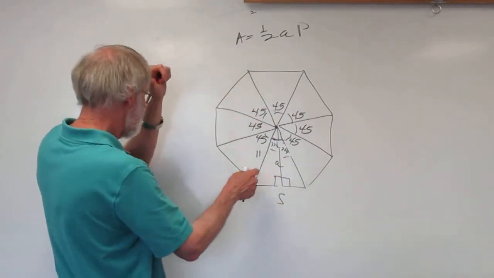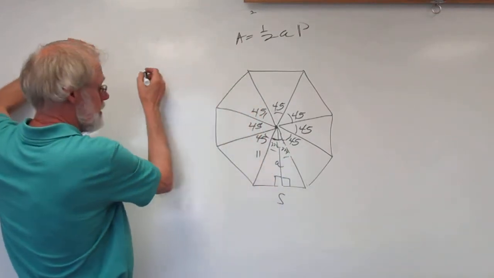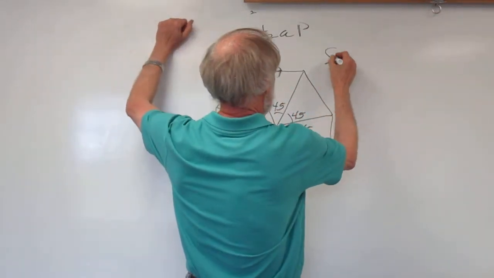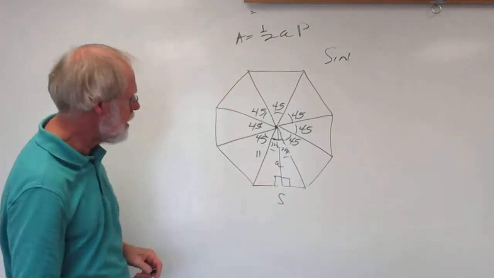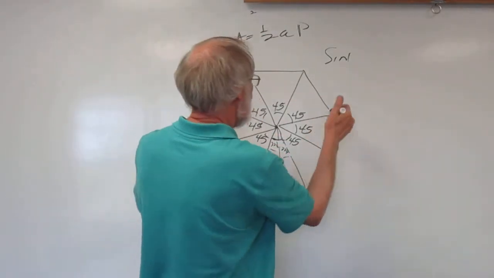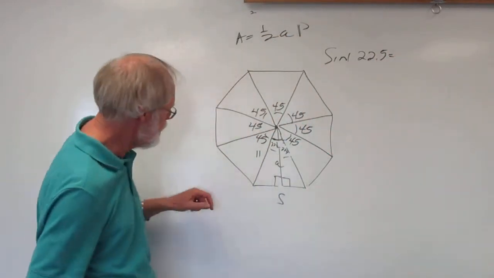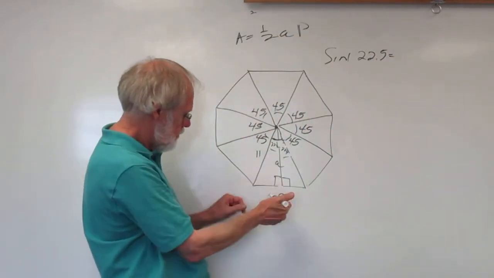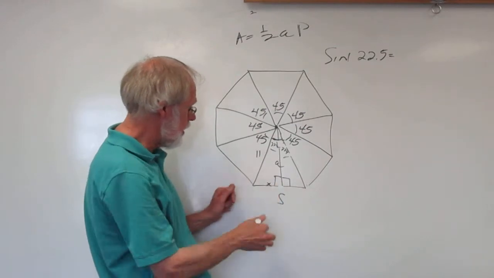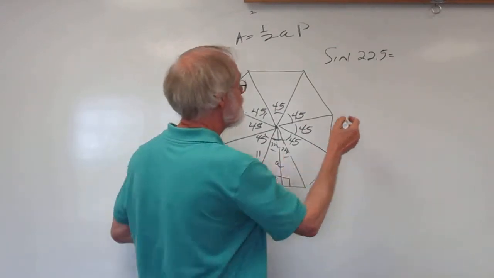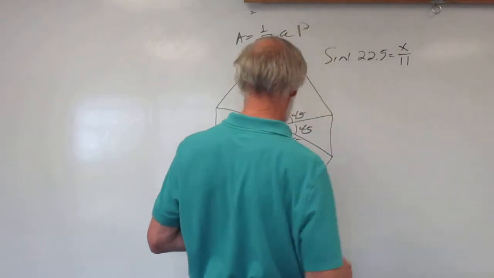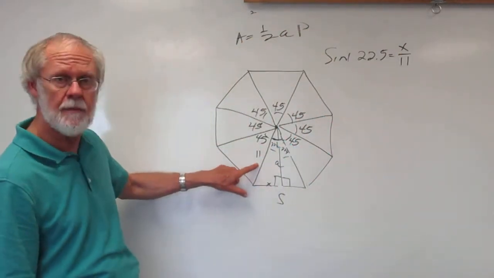So let's start by saying the sine of 22.5 is equal to, opposite, we'll call that x for now, over 11. X over 11. Sine is opposite over hypotenuse.